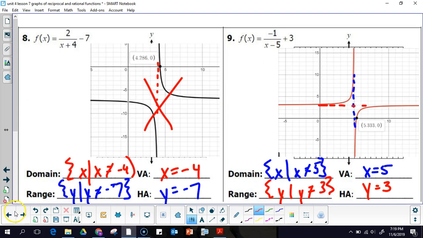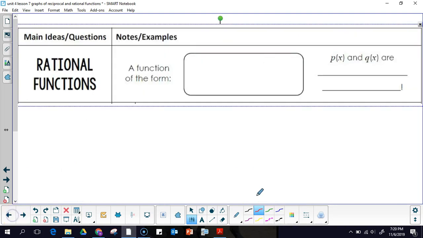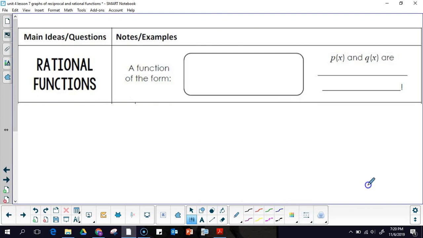Okay, so that's it for reciprocal functions. So this is page 13 in your notes. The difference between reciprocal and rational functions is that reciprocal functions have just a number in the numerator, and rational functions have an expression in the numerator.